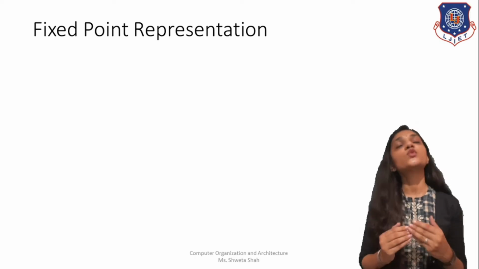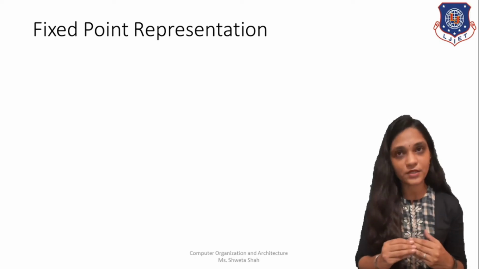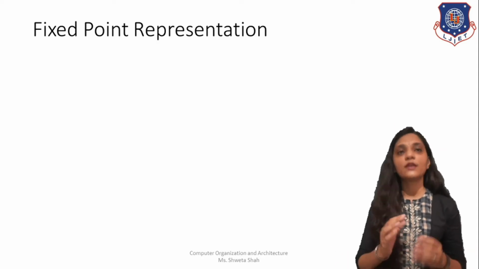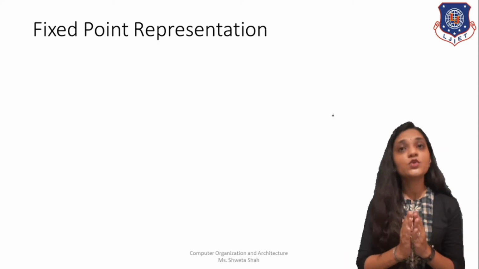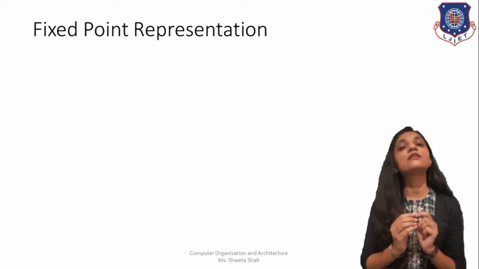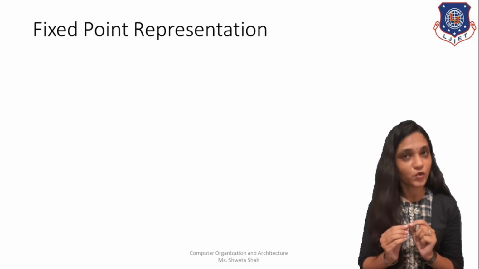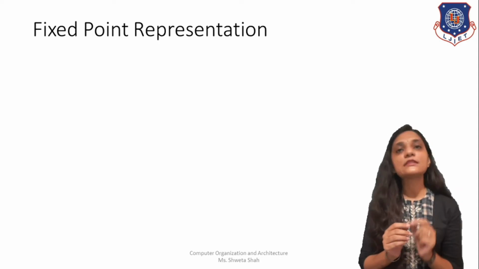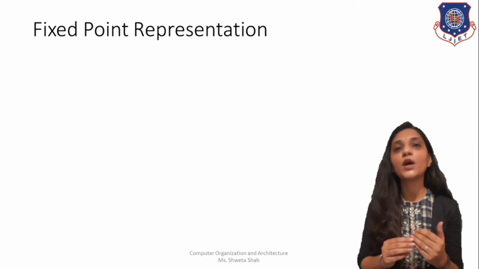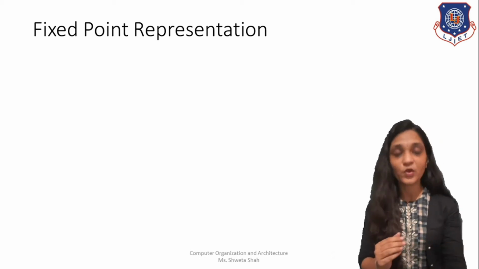So first we start with the fixed point representation. If your number is positive or negative in terms of binary, you can check it by its sign bit, that is the leftmost bit, the MSB. If this MSB bit is 0, your number is positive, and if it is 1, then your number is negative.